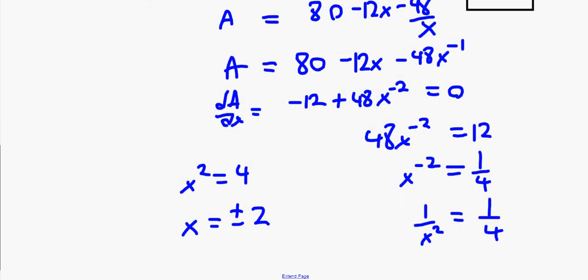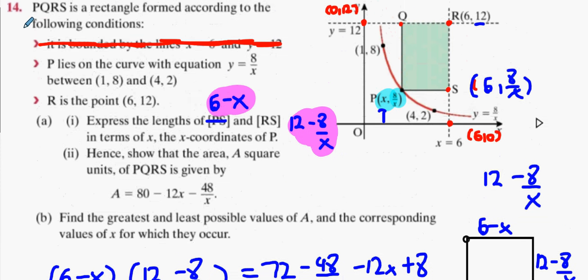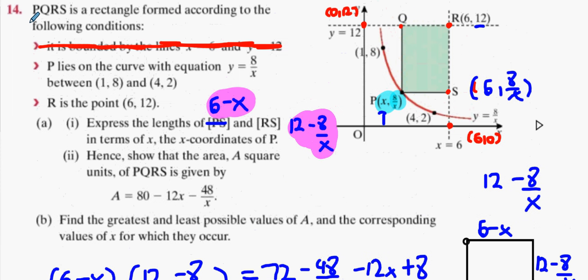Is minus 2 allowed? But is it not in the positive first quadrant? James, you get two answers. Yeah, I got those, 2 and minus 2, and it has two answers corresponding to them.